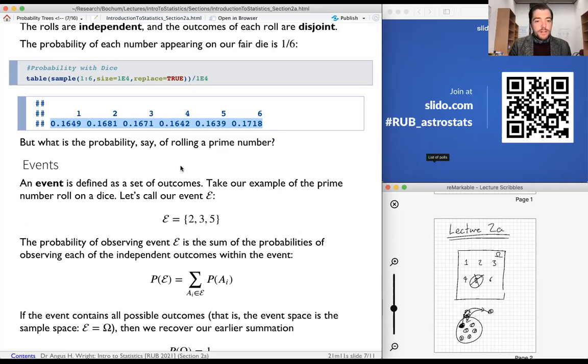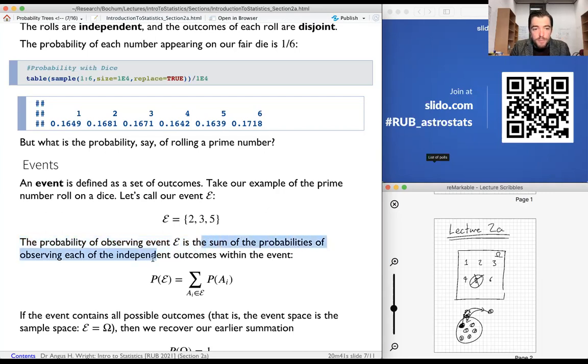We can call our event E, and our event for rolling a prime number is the set of all prime numbers that appear on a die. The set of all prime numbers that appear on the die are 2, 3, and 5.